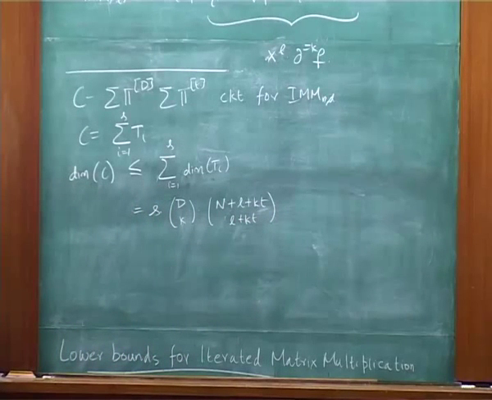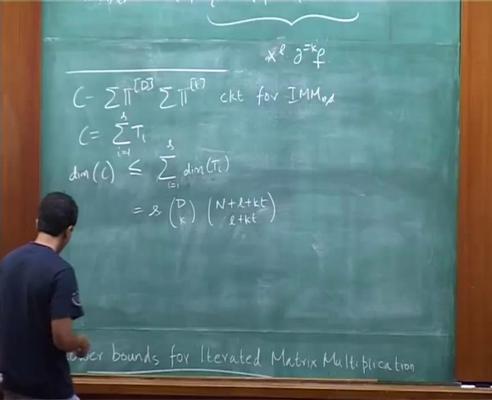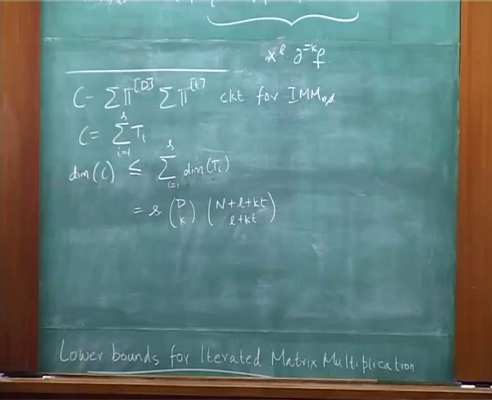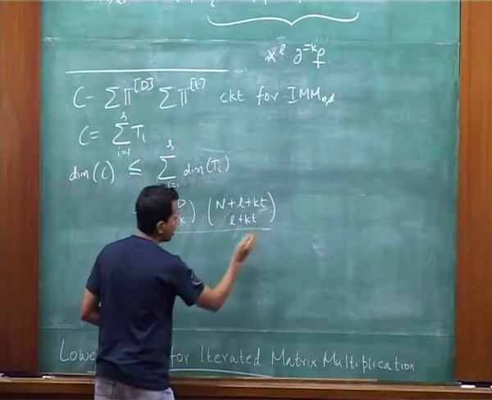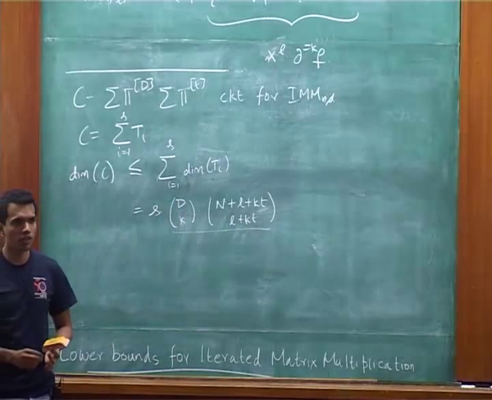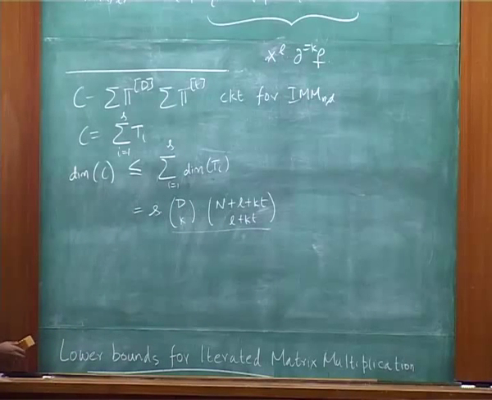It's n plus L plus KT, choose L plus KT. Okay. So that's the upper bound we need to beat to get non-trivial size lower bounds via this complexity measure.